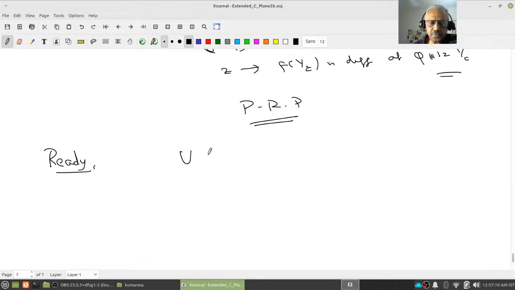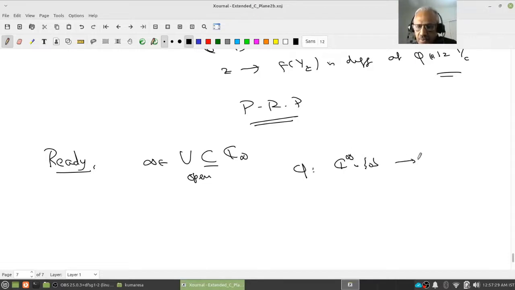Suppose U is an open set containing infinity, right? Now I have the map phi from C union infinity minus 0 to C, right? What is that map?